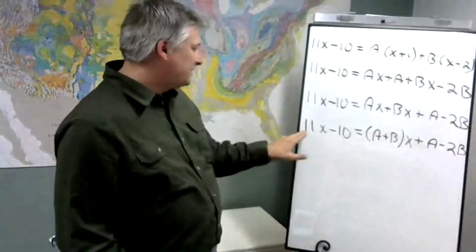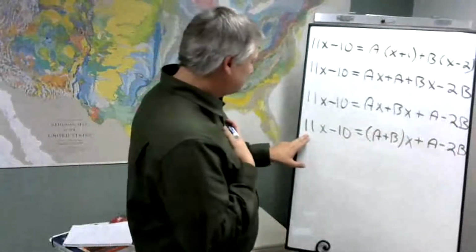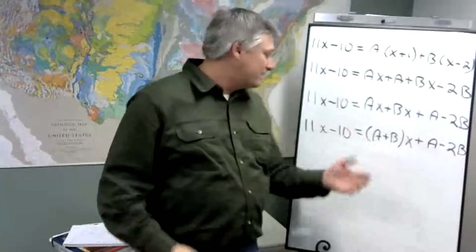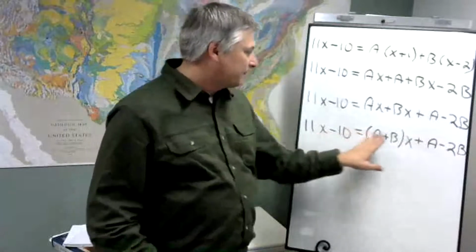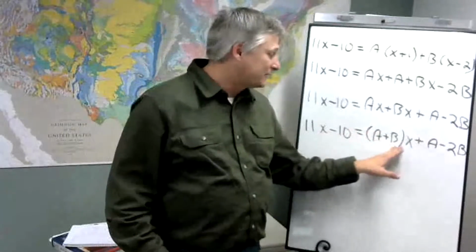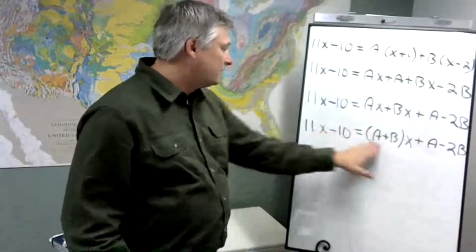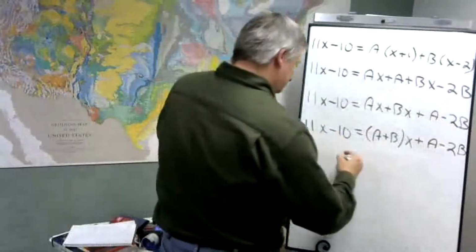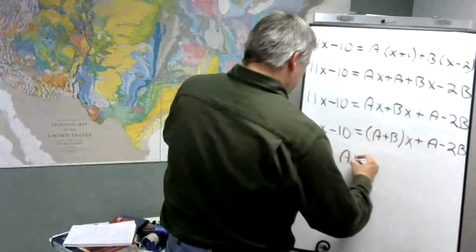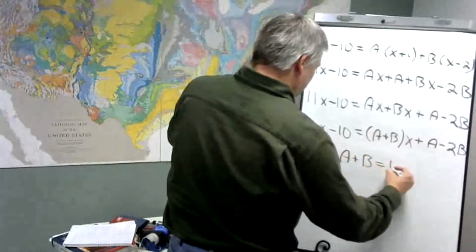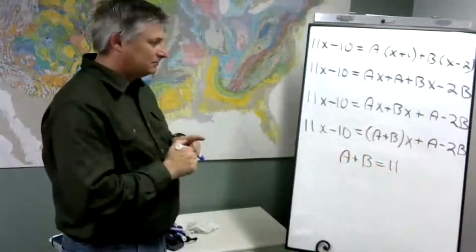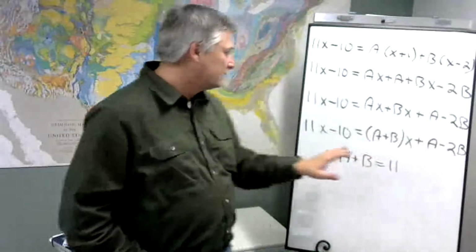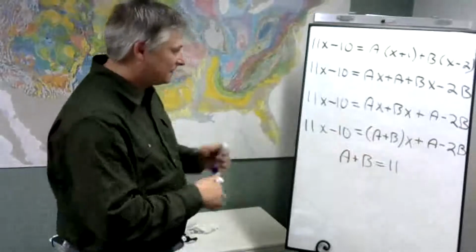So that means this 11 is going to be equal to this A plus B, because the 11 has the x, A plus B has the x. So these two, they've got to be equal. So that's our first equation. Then we have the constant terms and a constant.